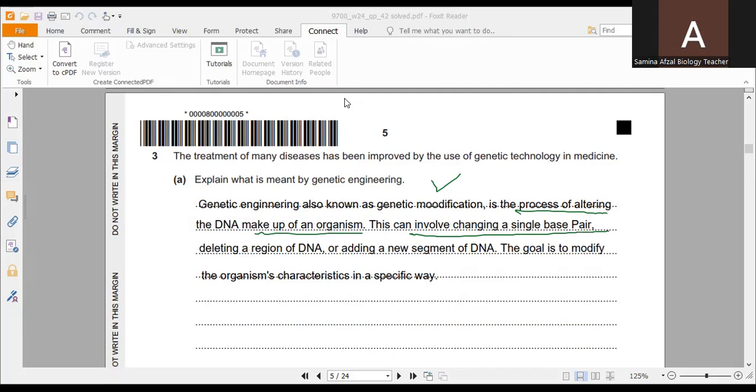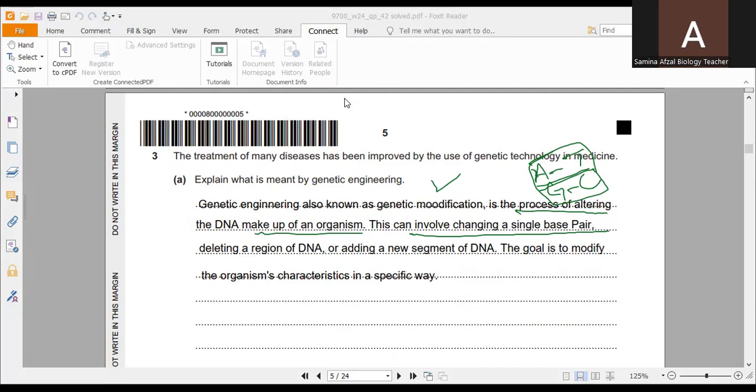There are 4 nitrogen bases: adenine, thymine, guanine, and cytosine. These 4 nitrogen bases are involved in the formation of the DNA molecule. A base pair means adenine always combines with thymine and guanine always joins with cytosine.